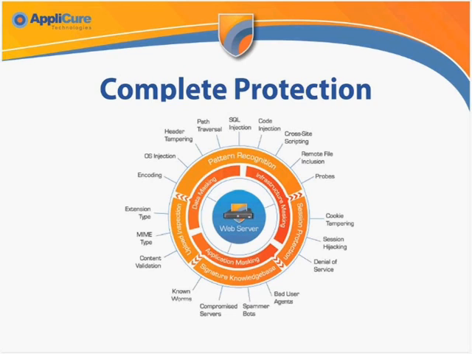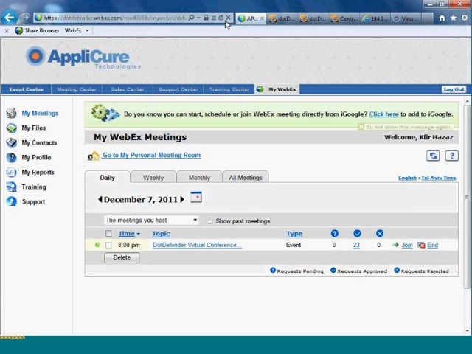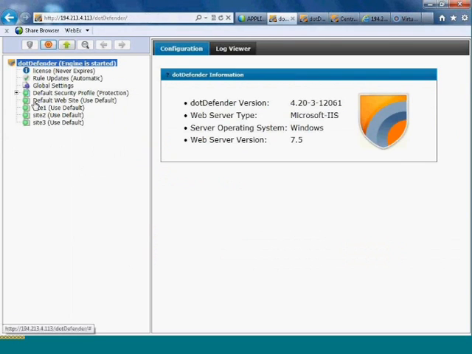The next thing I'm going to talk about is the pattern recognition engine. This is very, very important, and this is the core of our protection. We're going to see here a few little examples of how dotDefender can protect your server.